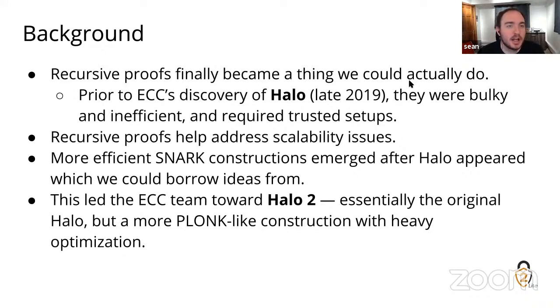In particular, new ideas from SNARKs such as Plonk. So what we've been trying to do over the last year or so is combine some of these new ideas and some ideas and optimizations of our own together with the original Halo concept into this suite of utilities that will allow us to do recursive proofs really efficiently and use them in Zcash if we can.